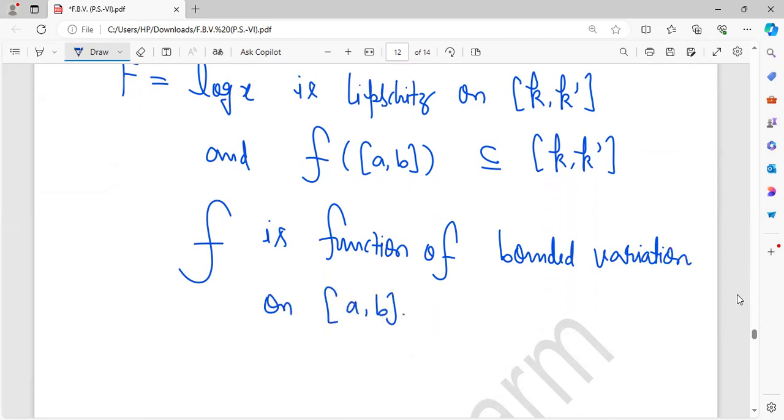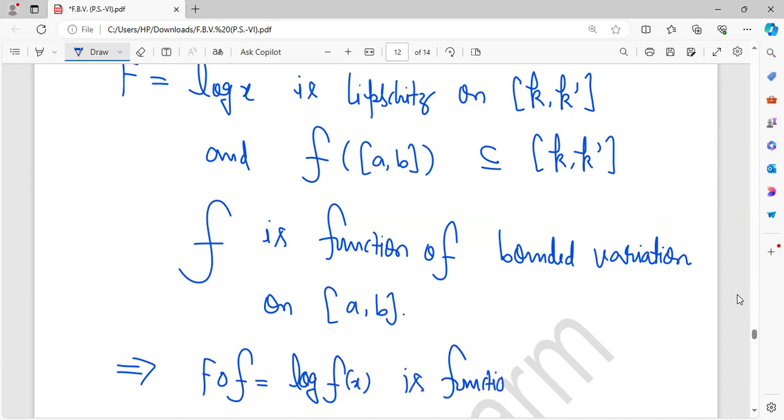I told a result in a previous practice set: if f is a Lipschitz function and g is a function of bounded variation, then f composed with g is a function of bounded variation. So this implies log f(x) is a function of bounded variation on the closed interval [a, b].